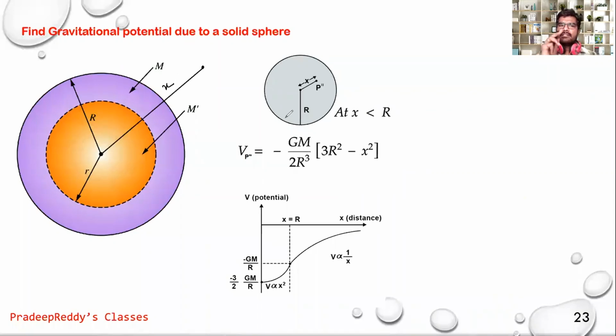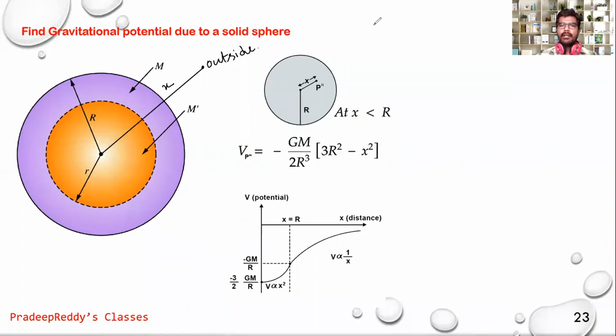As we are finding gravitational potential outside, this is outside the sphere. When you are out from the sphere, it appears to be a small point. Therefore, you can consider it as point mass, and you can write down gravitational potential outside the sphere by considering this whole sphere as point mass.